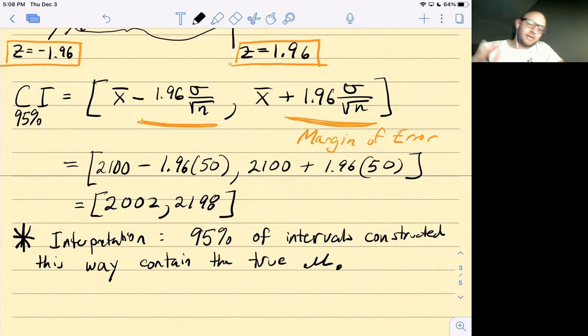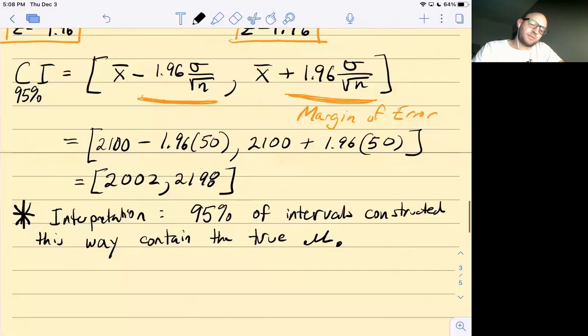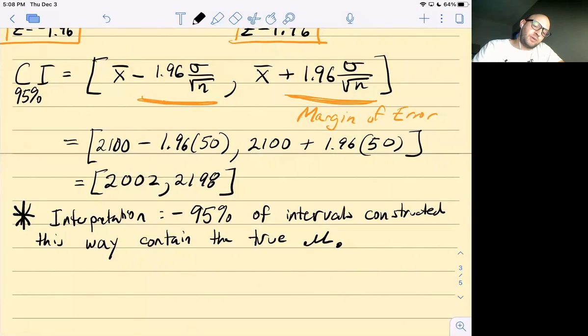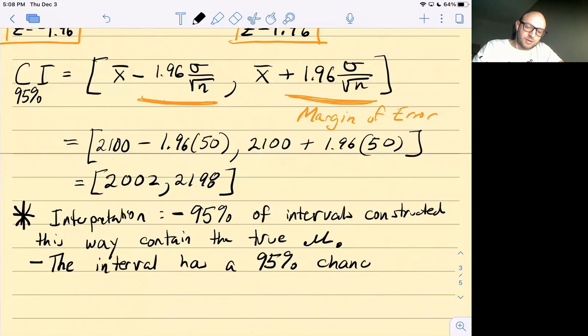And this is a really powerful statement, because it's cool that we don't even know what mu is, but we can say something about how likely an interval is to contain it based on some observation. Another way of saying it is the interval has a 95% chance of being correct, or of containing the mean.